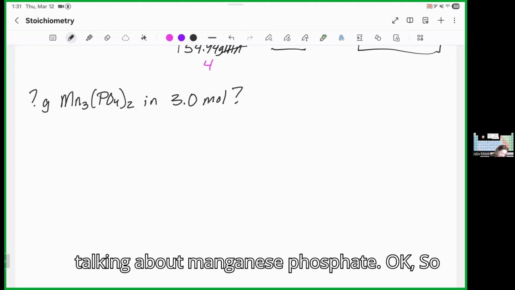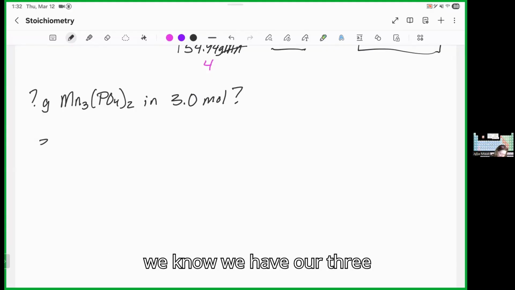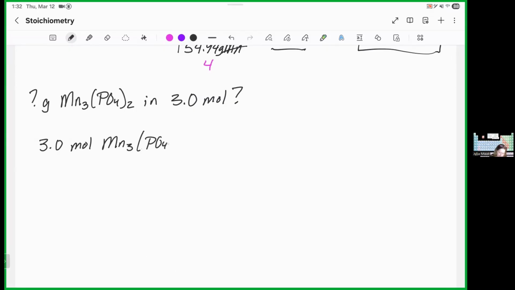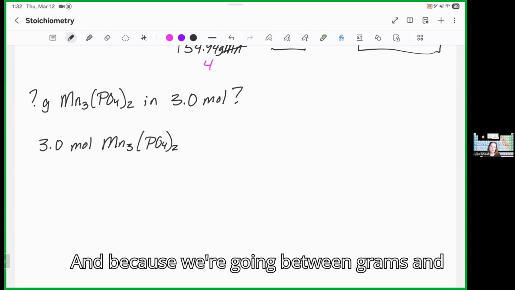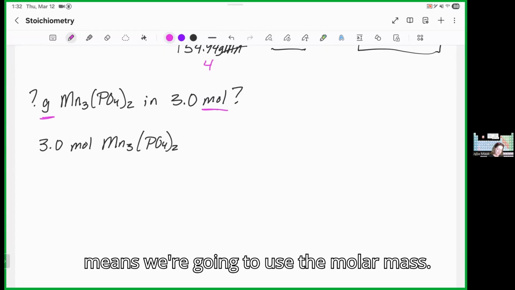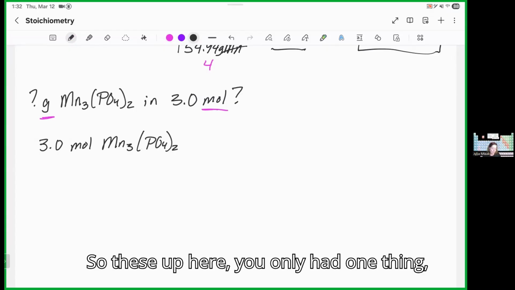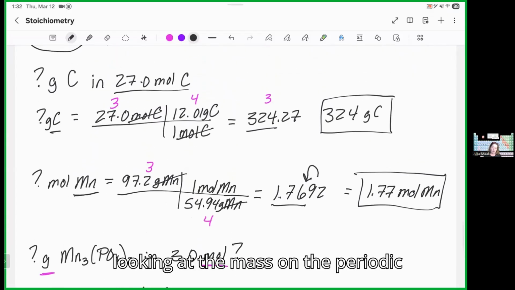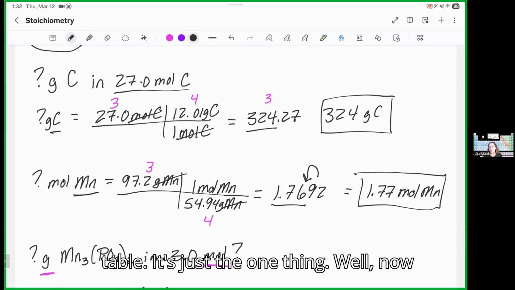So we know we have our 3 moles of manganese phosphate. Because we're going between grams and moles, we're going to use the molar mass. Up here, you only had one atom, so we were just looking at the mass on the periodic table.